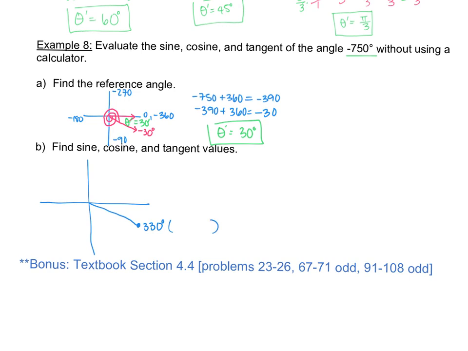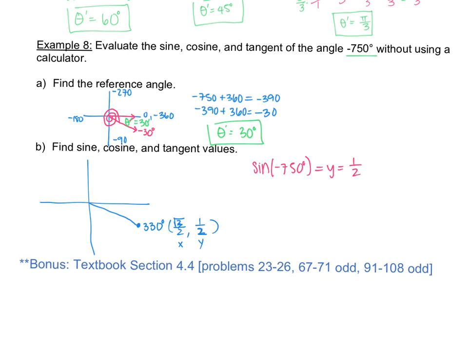And that coordinate there is root 3 over 2 and 1/2. That's my x, that's my y. So if I want to know what sine is of negative 750 degrees, that would be my y value. And my y value here is 1/2.